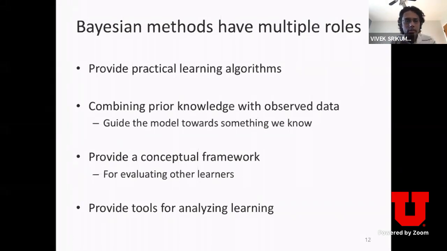How do I introduce this knowledge? So the Bayesian perspective gives you a systematic way to combine prior knowledge with the data that we observe. And it also gives a conceptual framework to think about learning. It gives us tools to analyze learning. So let's see how this works out.